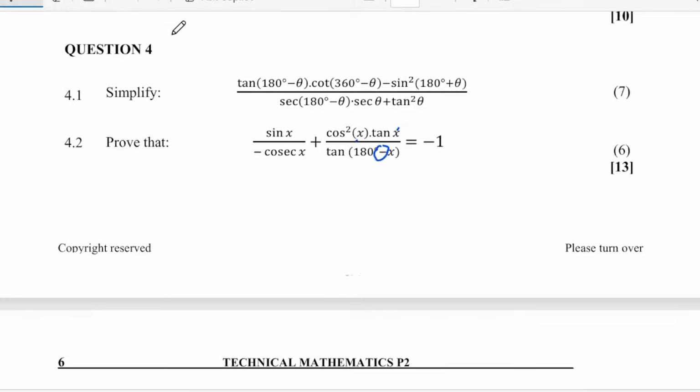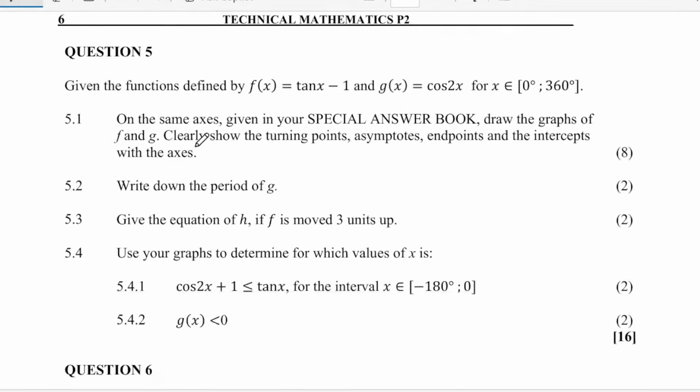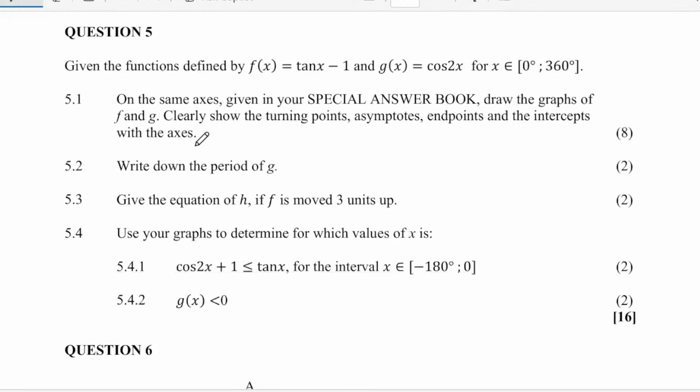Okay. Then now we move on to question number 5. Given the functions defined by tan x minus 1 and cos 2x, between 0 and 360, they want us to sketch on the same set of axes.